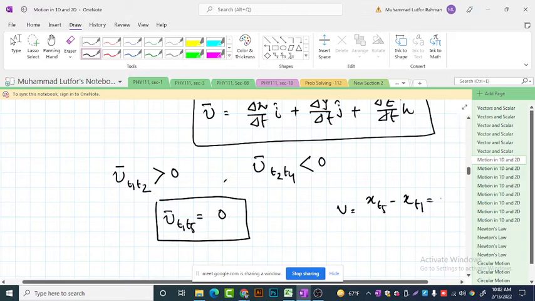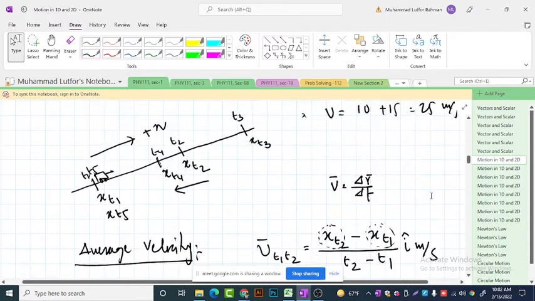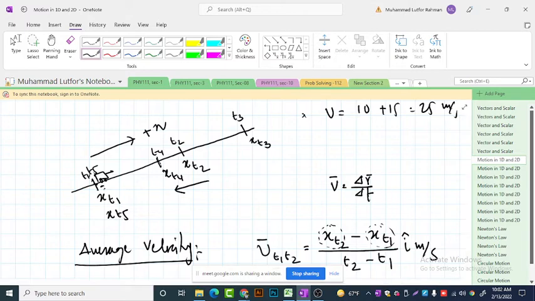That displacement is 0, because the point you start from, you go and come back again over here. So that's why your average velocity is 0 between time t1 and t5.